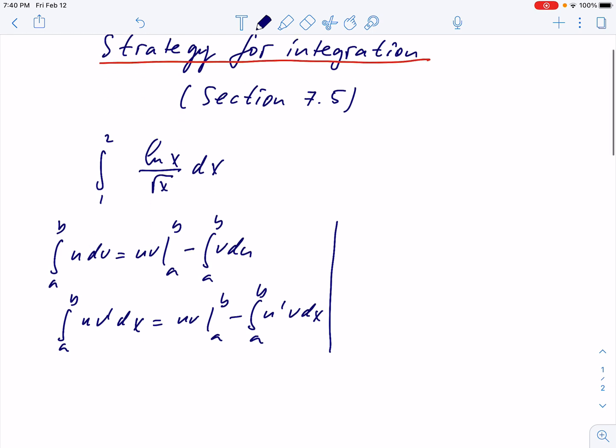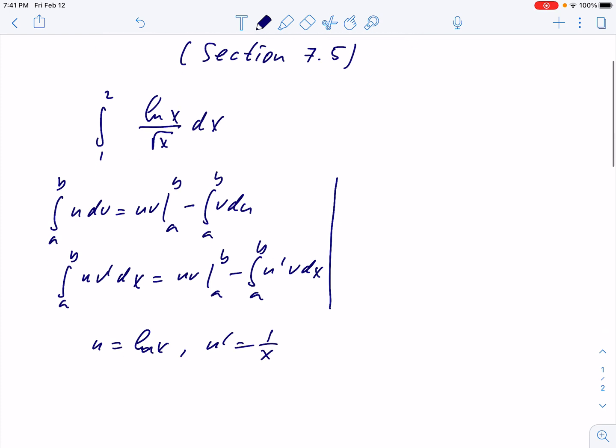So for this integral, I shall take u to be natural log of x. This way u prime will be 1 over x, and you see the logarithm actually disappears. So what will be v then? V prime will be 1 over root of x. And to find v itself, we have to integrate this.